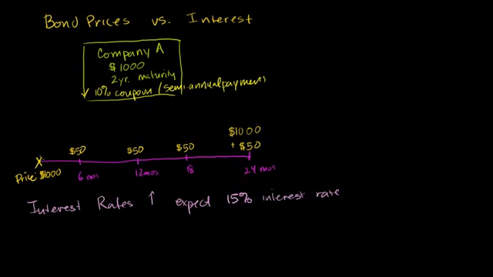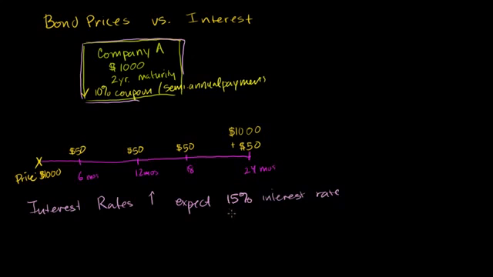Now, let's say you need cash, and you come to me and you say, hey, Sal, are you willing to buy this certificate off of me? I need some cash. I need some liquidity. I can't wait for the 2 years to get my money back. How much are you willing to pay for this bond? Well, I'll say, you know what? I'm going to pay you less than $1,000 because this bond is only giving me 10%.